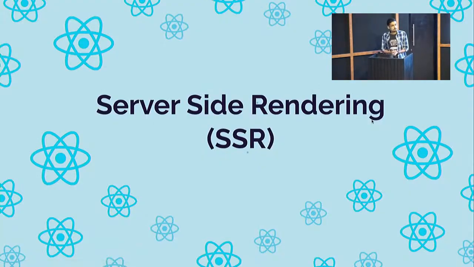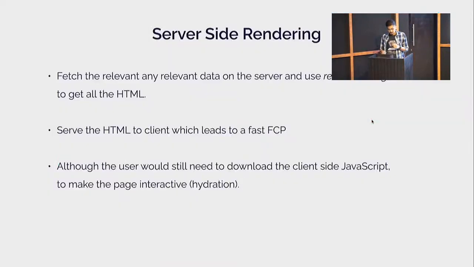Okay, so next we have server-side rendering. With server-side rendering, instead of running all the code on the client, we first fetch all the relevant data that we need on the server itself, and then we use React's render to string method to get all the HTML, and then we serve this HTML to the client, which leads to a fast first contentful paint.